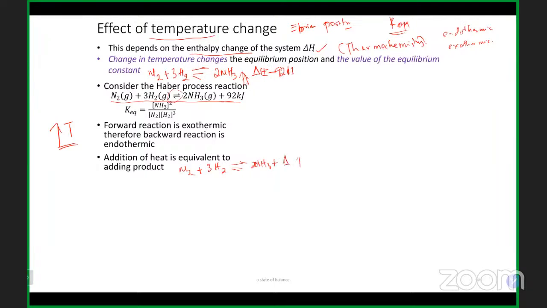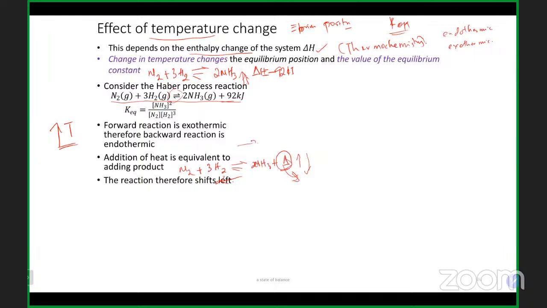So increasing heat means that we are increasing this, so the reaction shifts to the left. If we reduce the temperature, it means we are taking off heat, and the reaction shifts to the right.